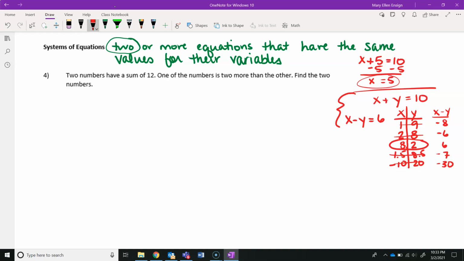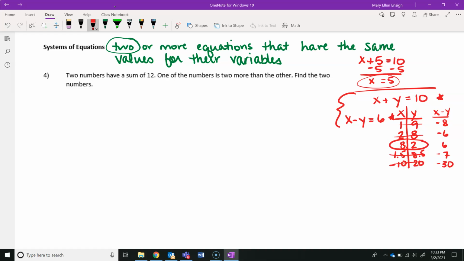And so you know that there are an infinite number of solutions to the top one, x plus y equals 10. There are also an infinite number of solutions to x minus y equals 6, right? I could have 9 minus 3, or 10 minus 4, or 466 minus 460, anything like that.